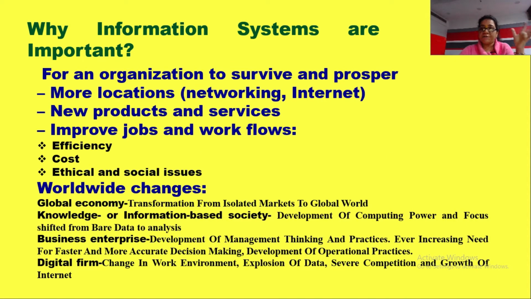Before we define what exactly information systems are, we'll talk about how they are important. Any organization, if it had to survive and prosper, needed to reach more locations through networking and the internet. They required new products and services which were the latest and updated, with maximum use for any end user.